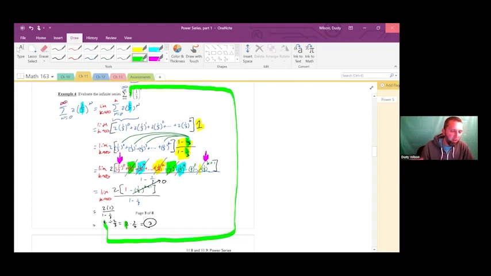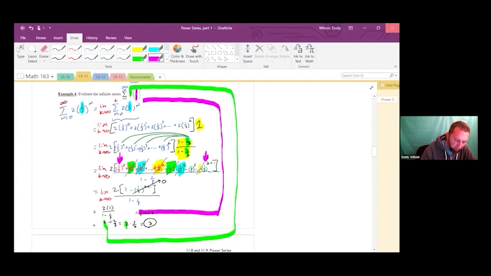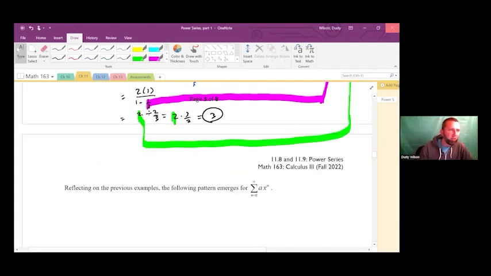And the 1/3 here also hung around all the way to the end of the question. There's an example of evaluating an infinite series. This is actually a topic that you'll see in the next class, but we're using it because it gives us a pretty direct jumping off point to our power series. So let's reflect on this previous example.